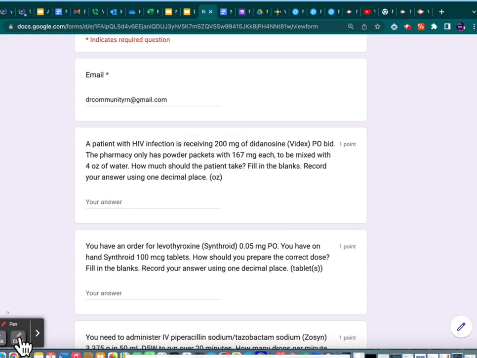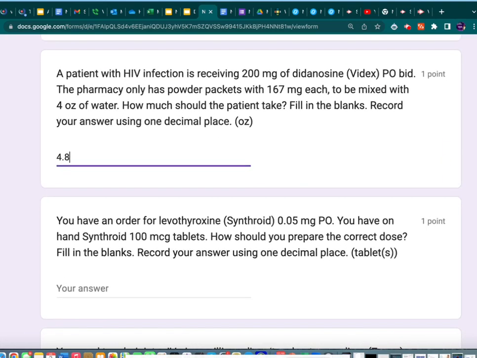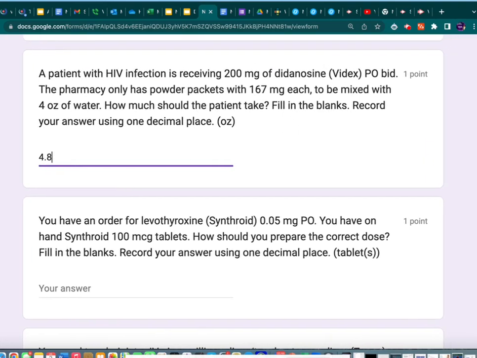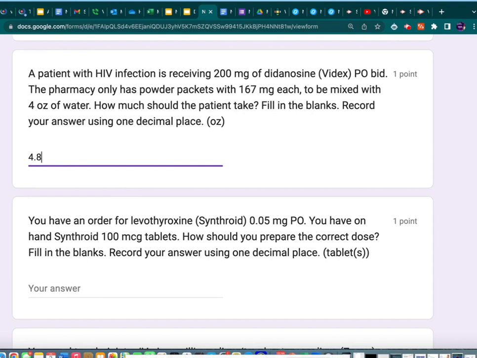I'm going to clear our screen here, and we'll just do that one a good time, but in the interest of time, here's where you would type in 4.8. Do you see how that might proceed? You can just lead in with that main formula, D over H times V, and it can take you a long way.